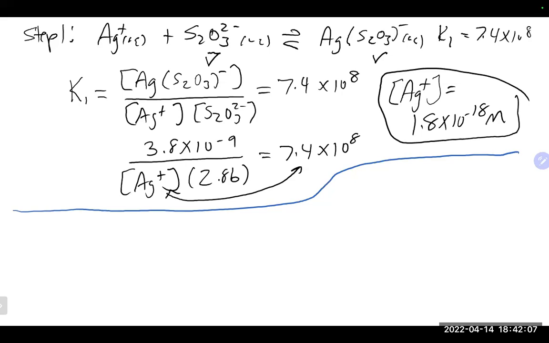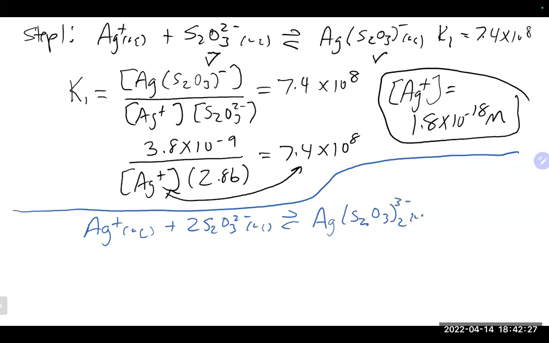But if you wanted to take the overall reaction, which we had there, which was the silver plus a couple of these guys here, and makes our complex ion that we got here at the end. And we use the Kf value that we originally calculated, which was the 2.9 times 10 to the 13. And that's what we got when we multiplied K1 and K2 together to get it.